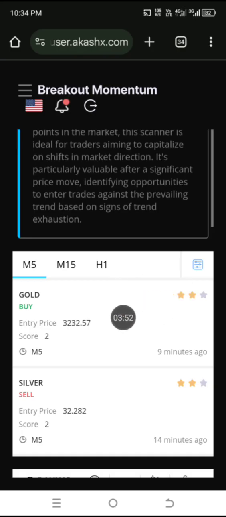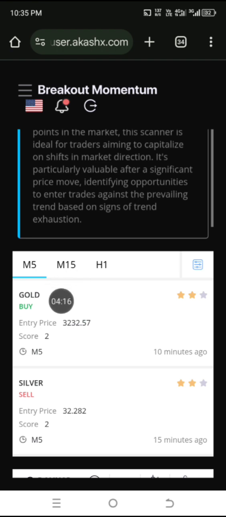Once I have seen gold, the first thing I'll be looking out for is what the scanner is asking me to do. What is the direction of the trade the scanner is giving me signal to perform. So here it's a buy. The scanner is calling gold for a buy.